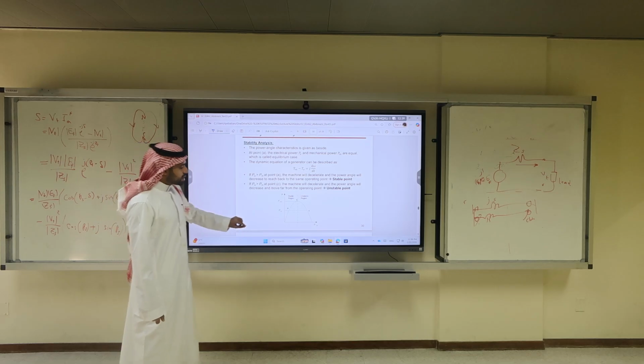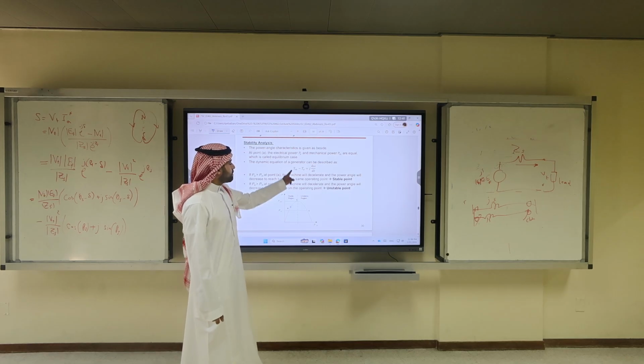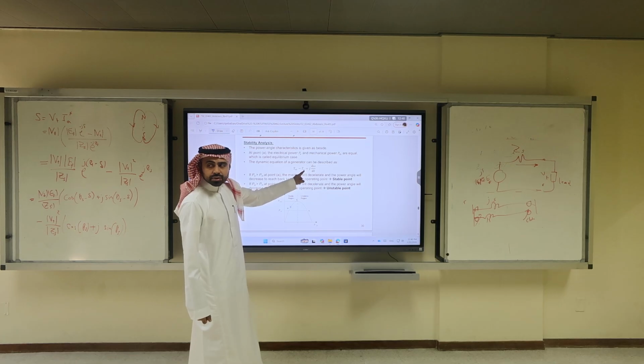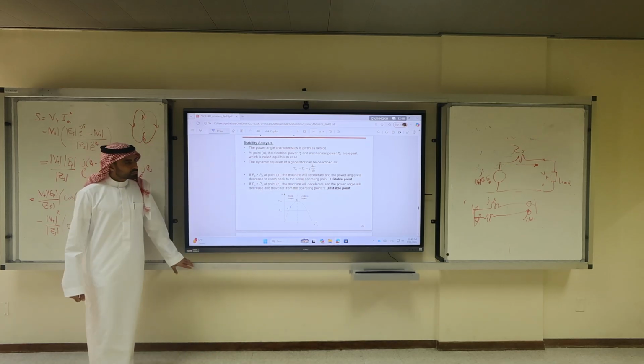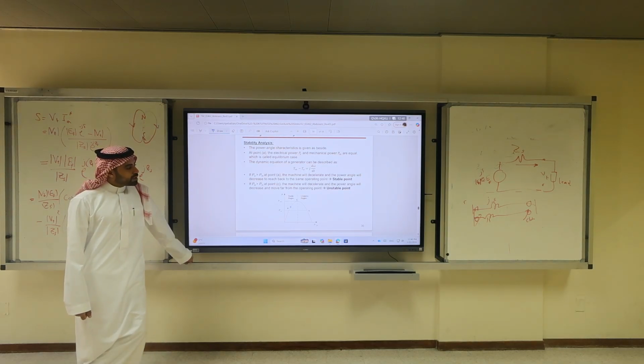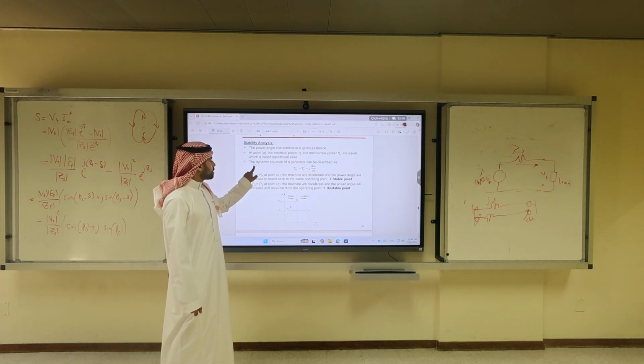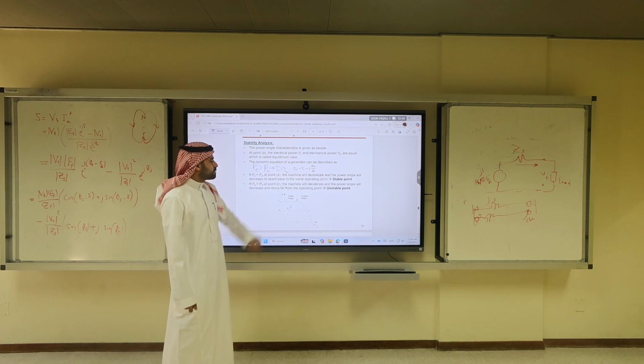So let's have some examples. If my electrical power is more, it means my mechanical torque is smaller than my electrical torque. If P electrical is larger than P mechanical, it implies torque of electrical is larger than torque mechanical, right?